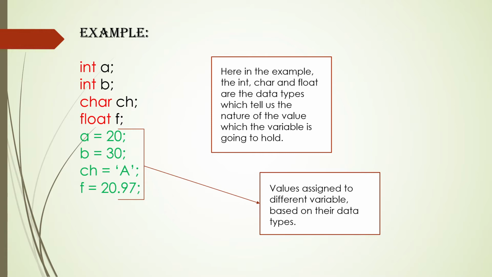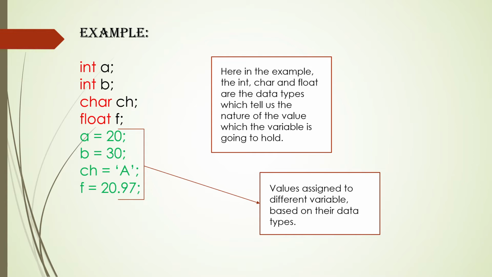Here int is the data type which says that the variable a is going to hold an integer value, and similarly for variable b. After that, char ch semicolon. ch is the variable name, char is the data type, which tells that ch is going to hold a character value, and then float f semicolon.